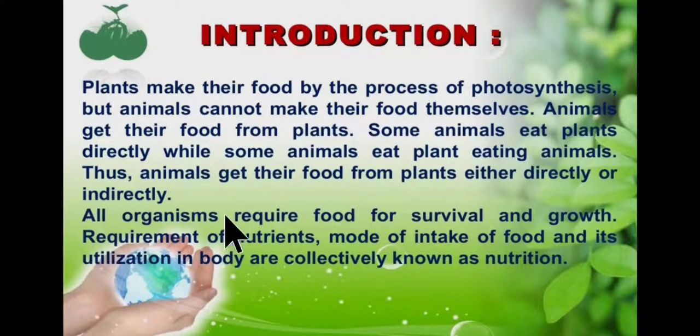Thus, animals get their food from plants either directly or indirectly. All organisms require food for survival and growth. Requirement of nutrients, mode of intake of food, and its utilization in the body are collectively called nutrition.